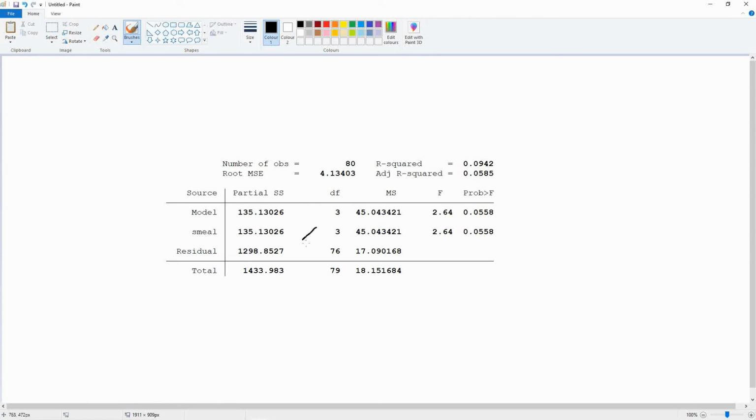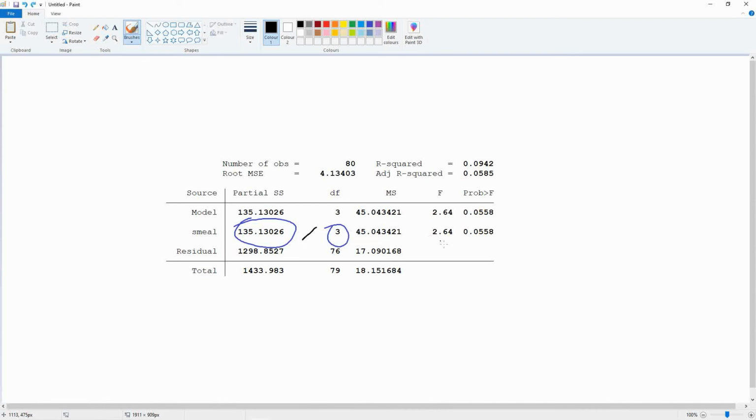If I divide this number here by this number here, I'm going to get 45. Similarly, I can do that down for my residual. And then if I divide 45 by 17, I'm going to get 2.64.